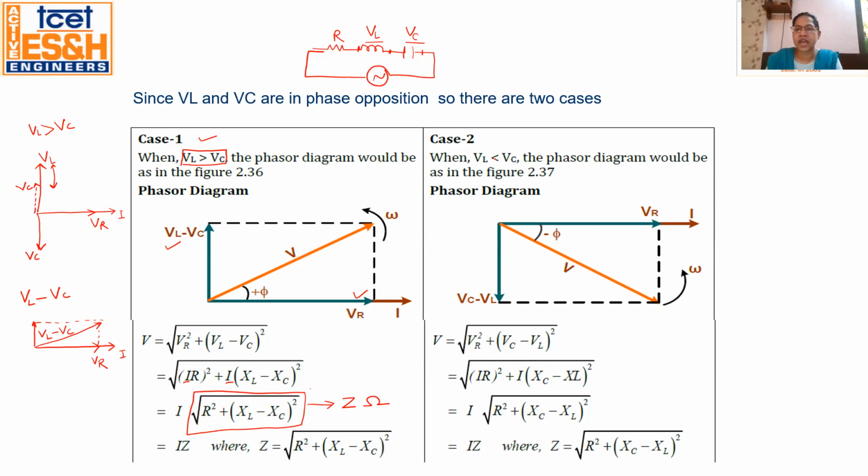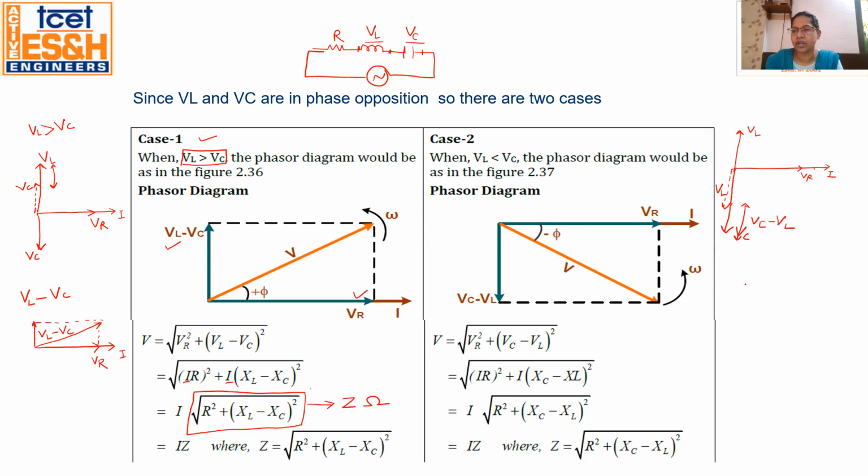The same thing happens when VL is less than VC. As from our diagram, this is VL, this is VR, and this is I. Now here VC is greater than VL. So this is VC, and now we transpose the VL vector. The only remaining portion is VC minus VL.